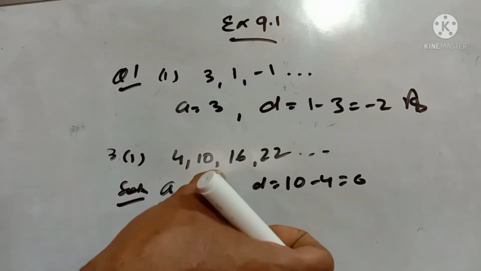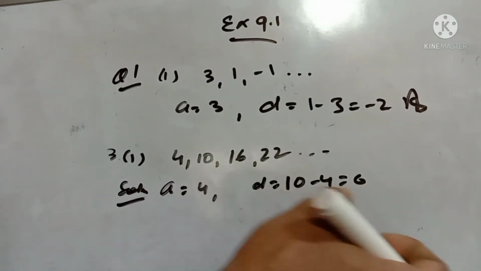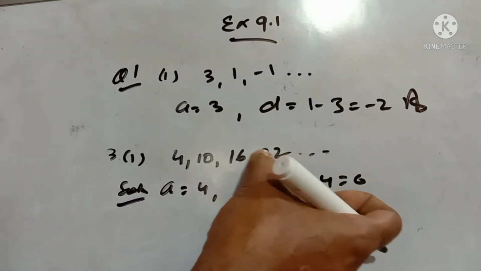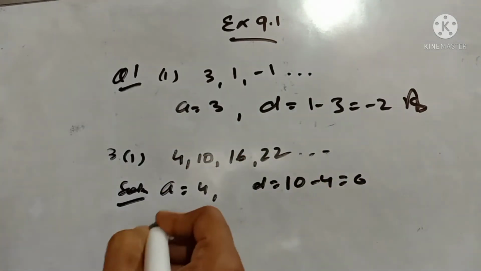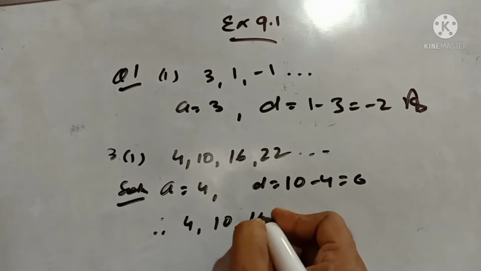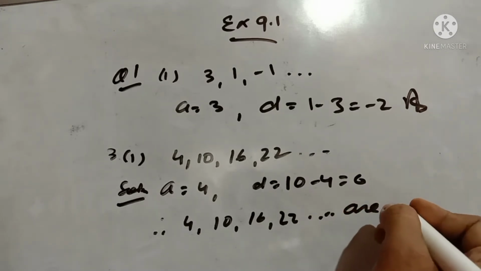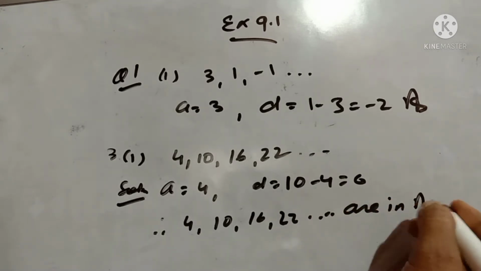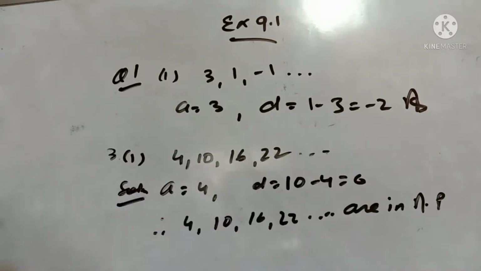So you see, 10 minus 4 is 6, 16 minus 10 is 6, 22 minus 16 is 6. Therefore 4, 10, 16, 22, and so on are in AP. Why? Because the common difference of each and every term comes 6.